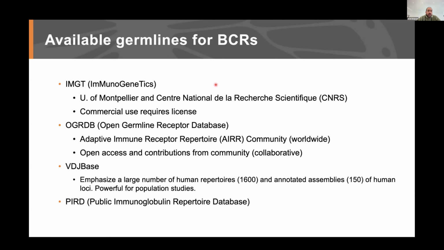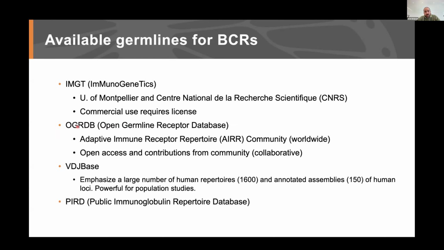On the other hand, OGRDB is a collaboration from a worldwide community, the AIRR community, with plenty of institutes and labs, and it's open access. It looks a lot more collaborative, and we are interested in continuing to use OGRDB. Here we are testing it against IMGT.